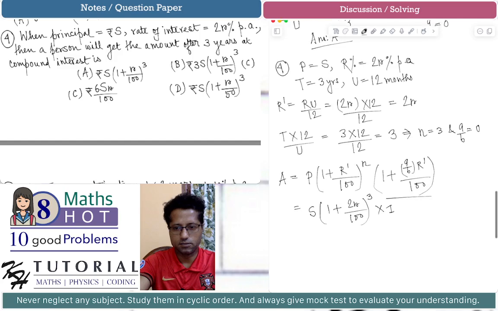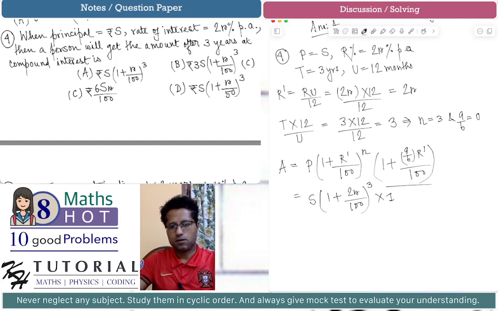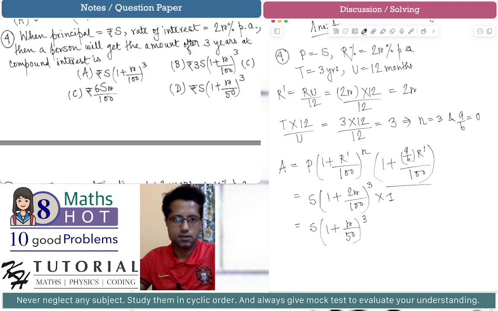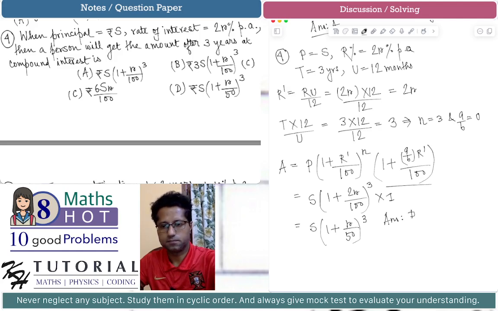If we simplify further, 1 plus twice r by 100 is r by 50 to the power 3. So, this is the amount that the man will receive. So, the correct choice is D. D is the correct choice.